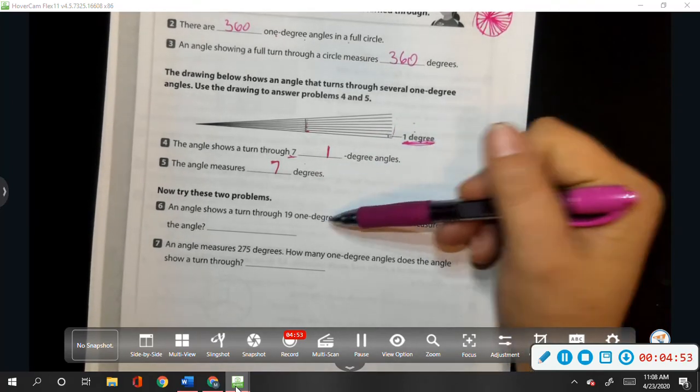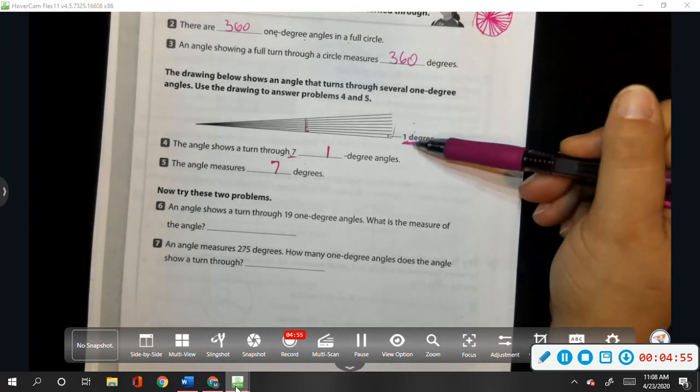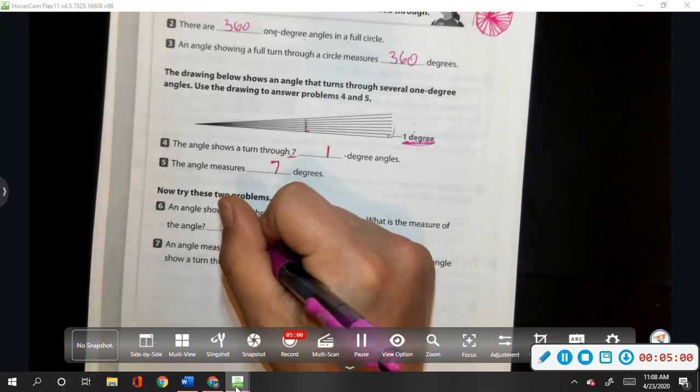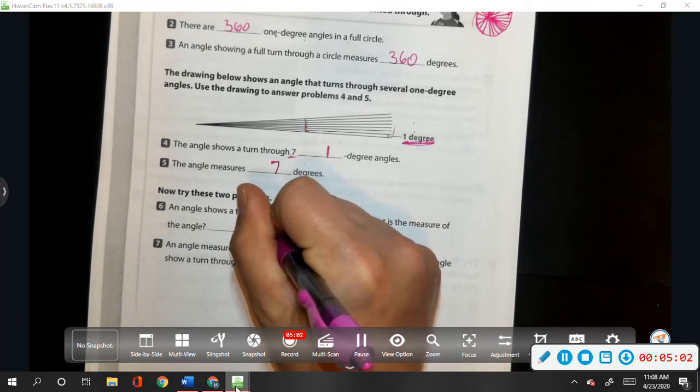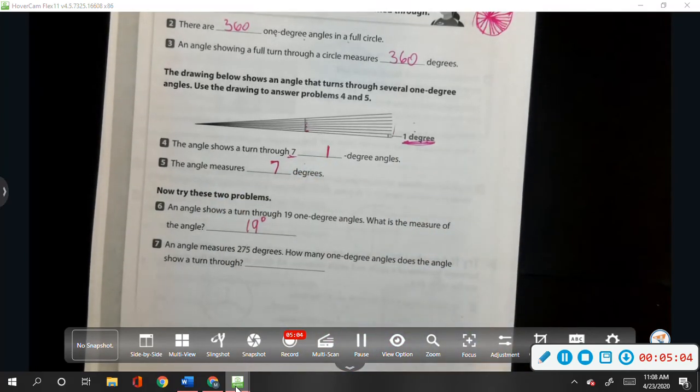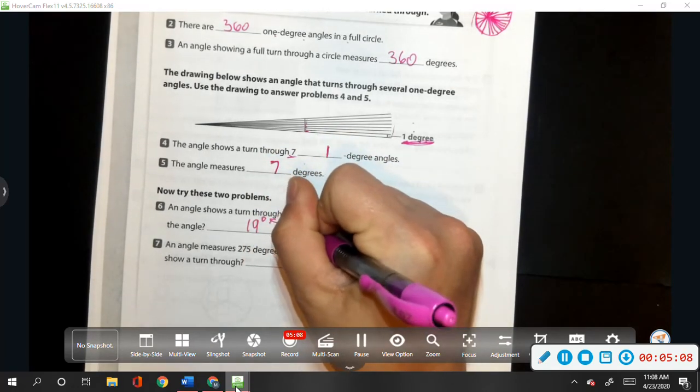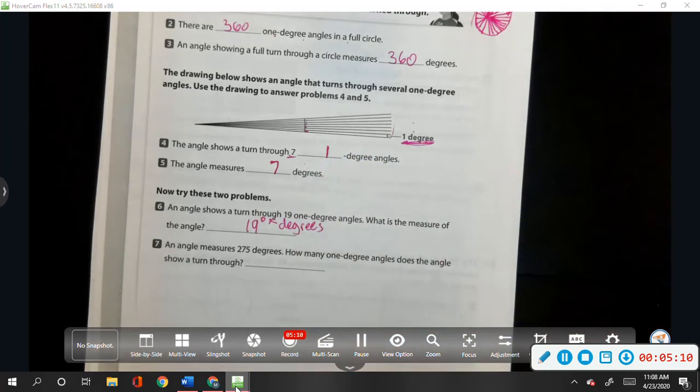So if we have 19 of these, we would simply count the 19. It would be 19 degrees. And we can put a little bubble up above our number. That is the degree sign. Or you could write degree next to it. Either one works.